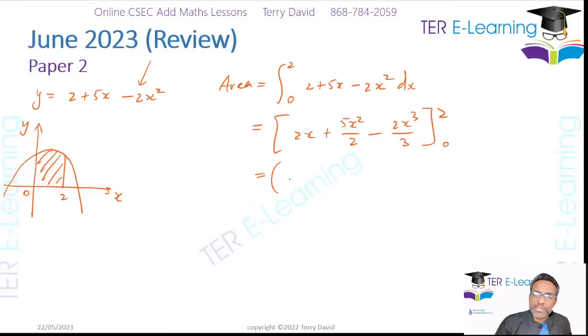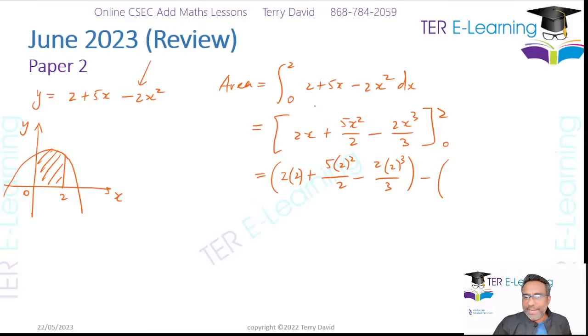This is going to be 2 by 2 plus 5 by 2 squared over 2 minus 2 by 2 cubed over 3, minus, now if you notice, every single term here has an x in it. So if I substitute 0, anyway I put 0, I'm going to end up with 0.